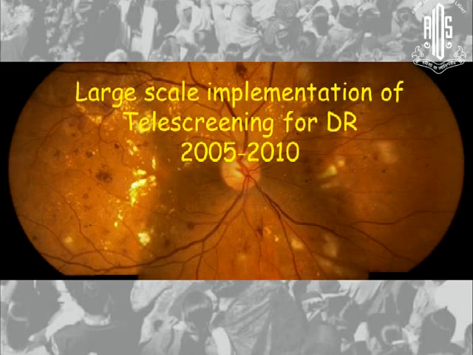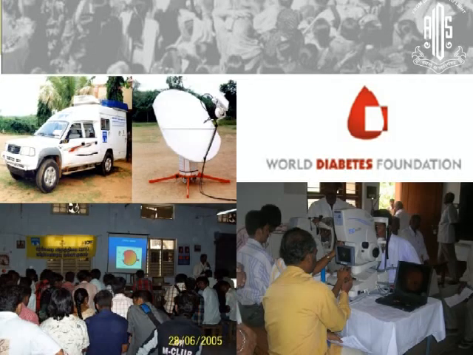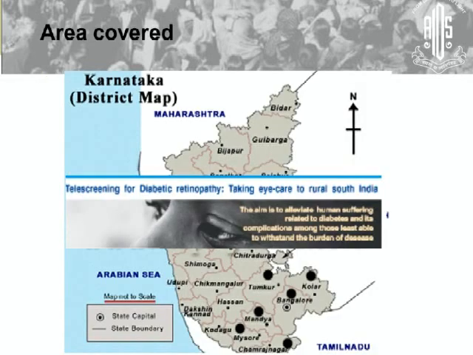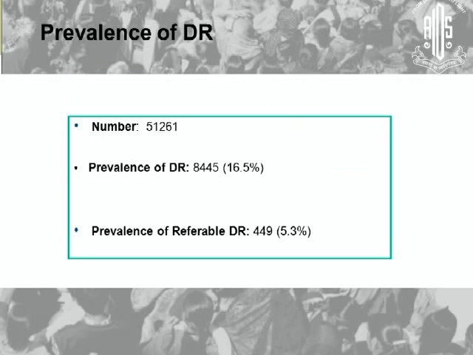We then did a large scale implementation from 2005 to 2010 supported by World Diabetes Foundation, again with a mobile unit with satellite connectivity, having all the components of awareness, screening and training. During these 5 years we covered 6 districts of Karnataka, and more than 50,000 diabetics were screened for diabetic retinopathy.